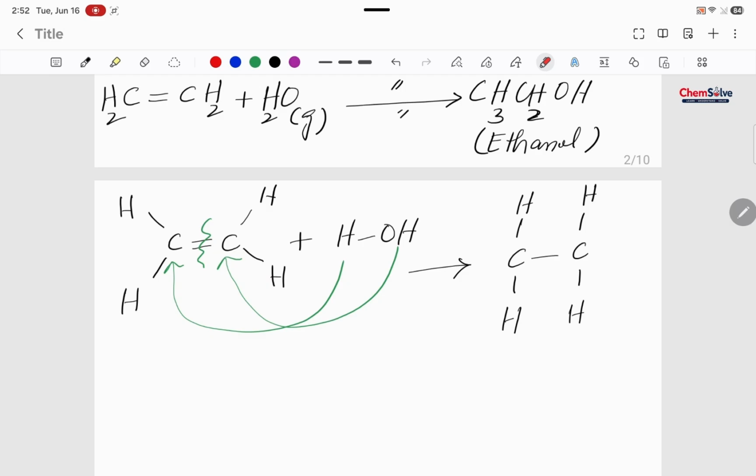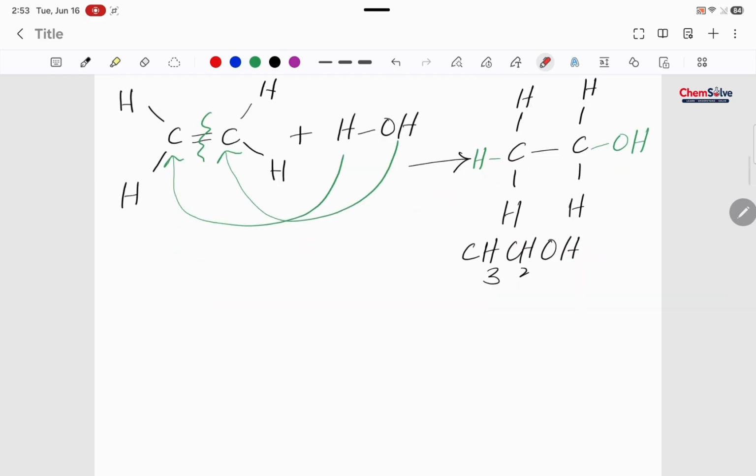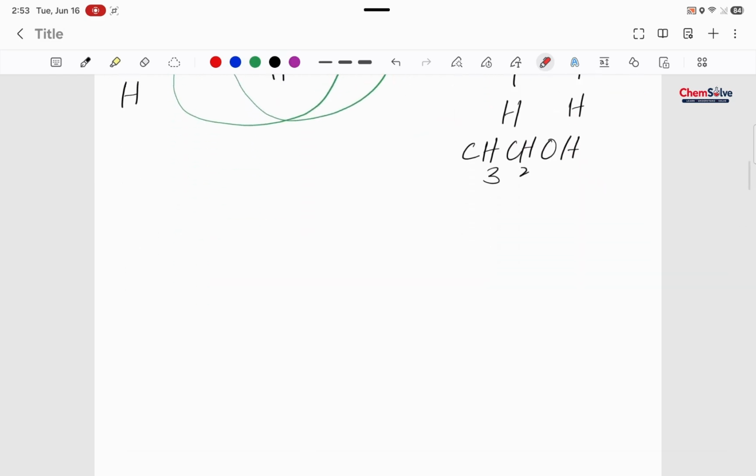Alright, and this is the new hydrogen which came from water, and this is the hydroxyl group that came from water. So in this way, if I could write it, this would be CH3CH2OH, and due to the presence of this OH functional group, it is an alcohol. I hope it makes sense to you.